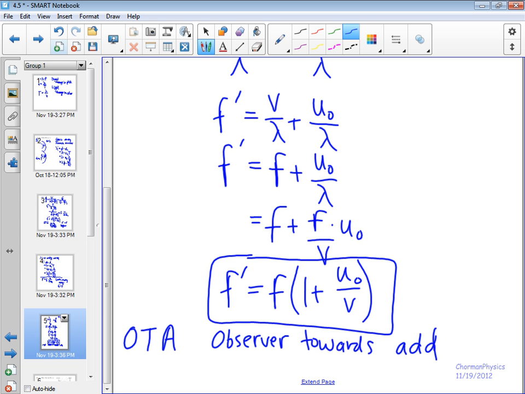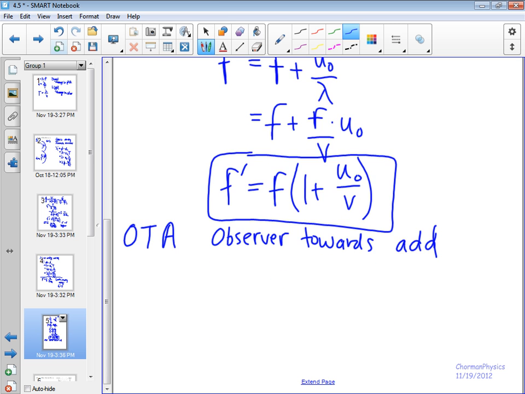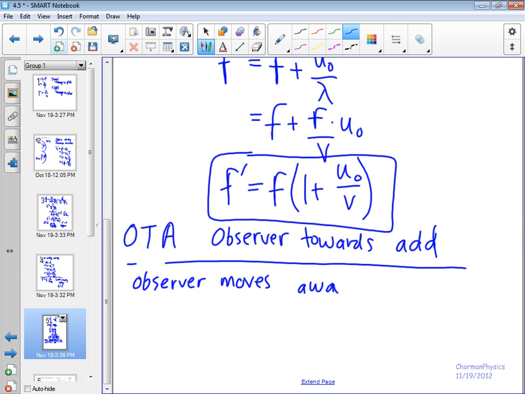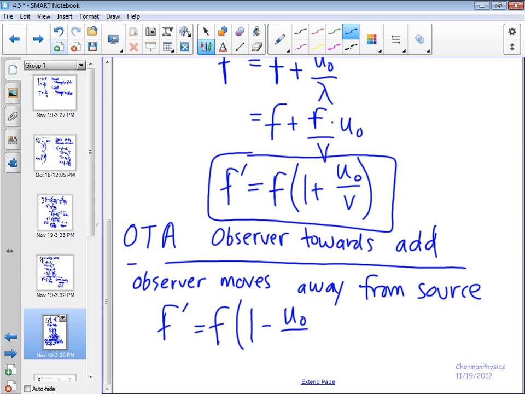Now it's going to help you remember these formulas on the test, as you will have these formulas, I think, in the IB data book. If you check there, at least one or two versions of these are there, but they don't tell you what goes with what, okay? So if we had a different situation with the observer moving away from the source, the frequency will shift a little bit differently, all right?